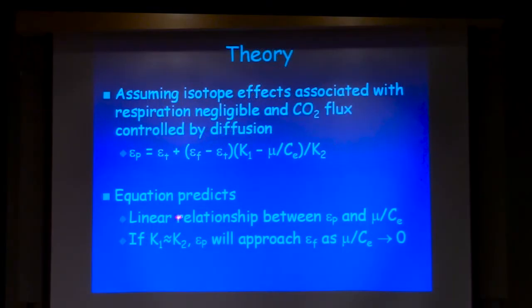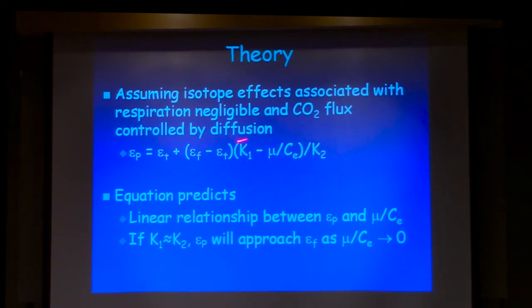We would expect a linear relationship between epsilon P, again, the difference between the isotopic composition of aqueous CO2 and plant organic matter, and growth rate divided by CO2. It's basically the CI to CA ratio, or CI to CE ratio.